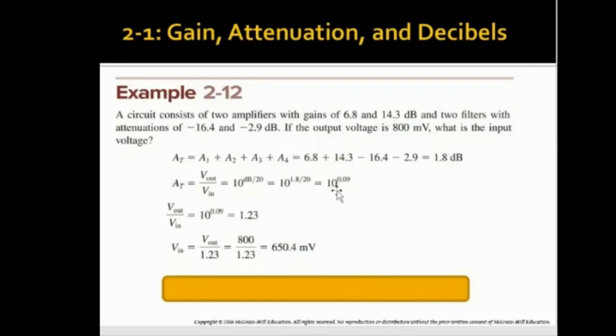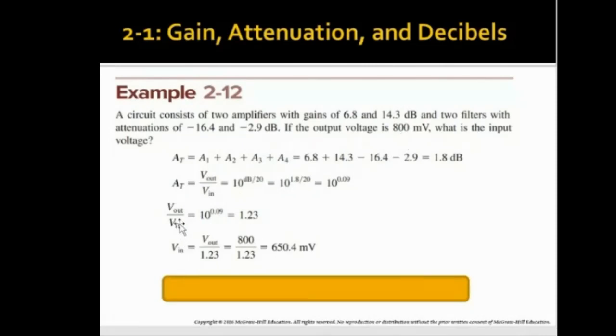We have 10 raised to 0.09. So then our V out over V in is equal to 1.23. So this 1.8 dB in normal form is 1.23. So now we have output voltage, 800 millivolts.